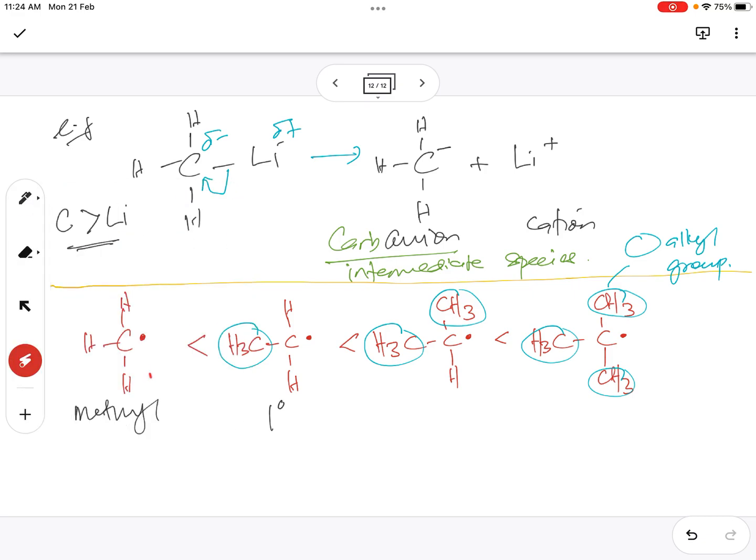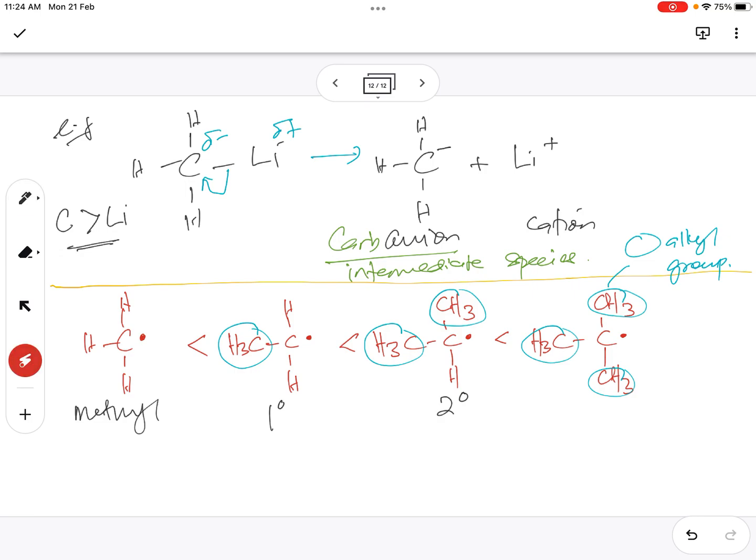Kalau ada semua hydrogen di sebelah carbon free radical, dia adalah methyl free radical. Kalau satu hydrogen diganti dengan satu CH3, itu adalah primary. Ataupun carbon radical ni hanya ada dua hydrogen, then primary lah. So kalau ada satu hydrogen saja, maka itu adalah secondary free radical.